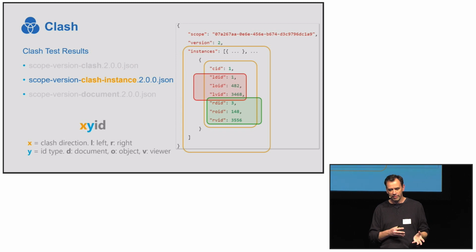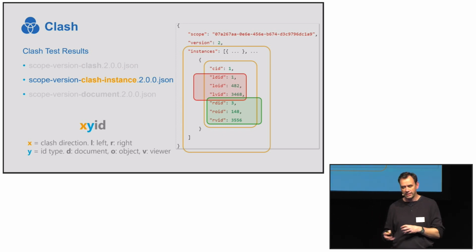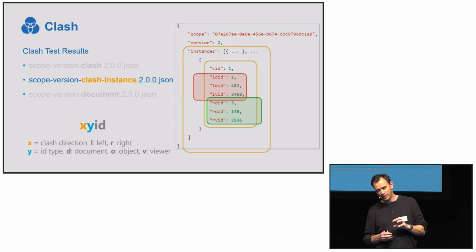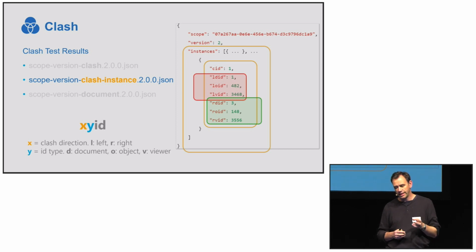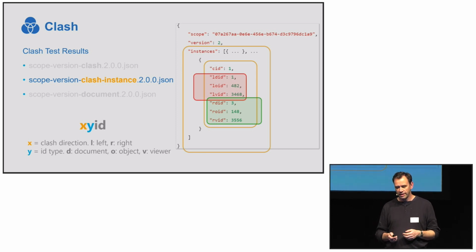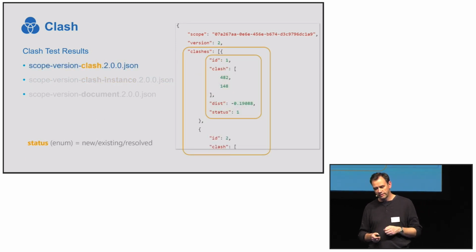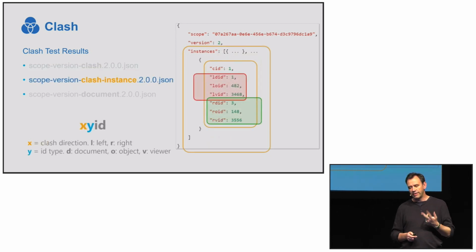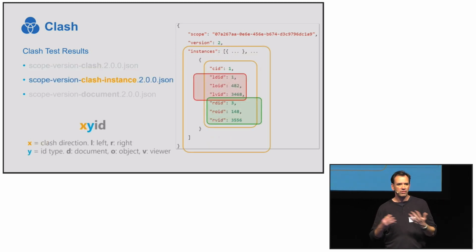So then what we do is we have a clash instance JSON file, which takes, again, the same model set version. And then I have a clash ID, which relates back. You see the ID in the clashes there is ID 1, and here the SID is 1. And then we have this concept of a left and right. So there's always a sort of left and right clashing objects.